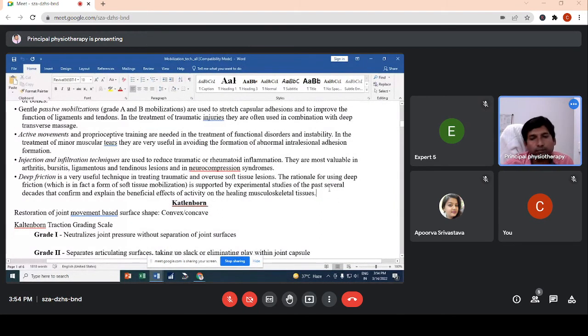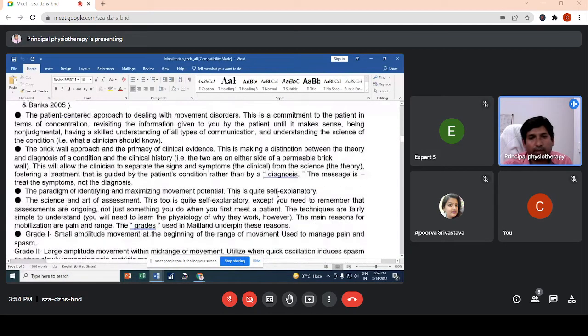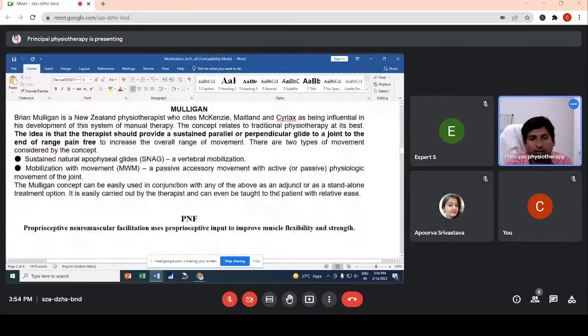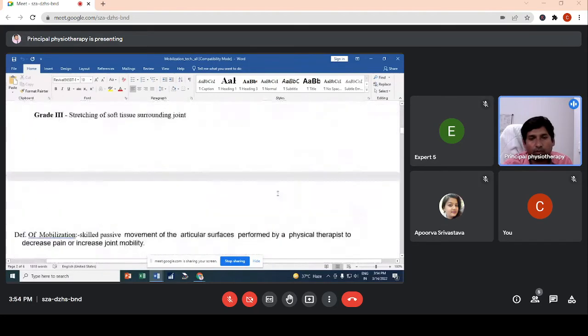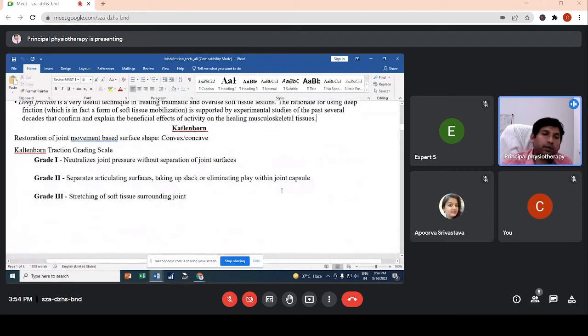In the same form, the Kaltenborn technique, then Maitland mobilization technique, then Mulligan mobilization techniques we use in orthopedic physiotherapy for the estimation of joint range of motion, improvement in joint function, and also to help in relieving joint stiffness.